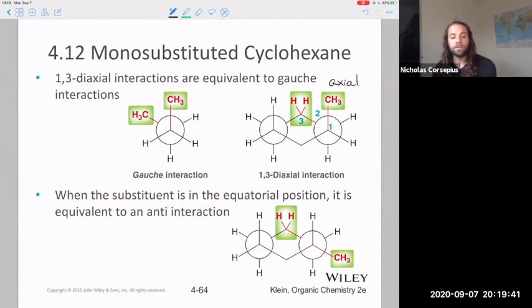It's equivalent in our rotational conformational analysis to that gauche interaction. Whereas when you're in the equatorial position, it's equivalent to being in that anti conformation, that lowest energy conformation.